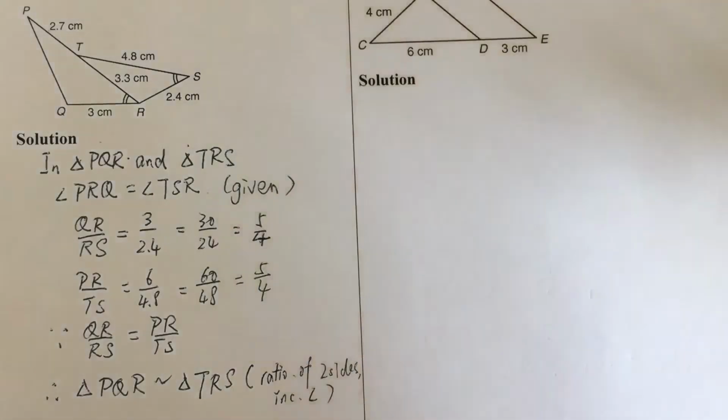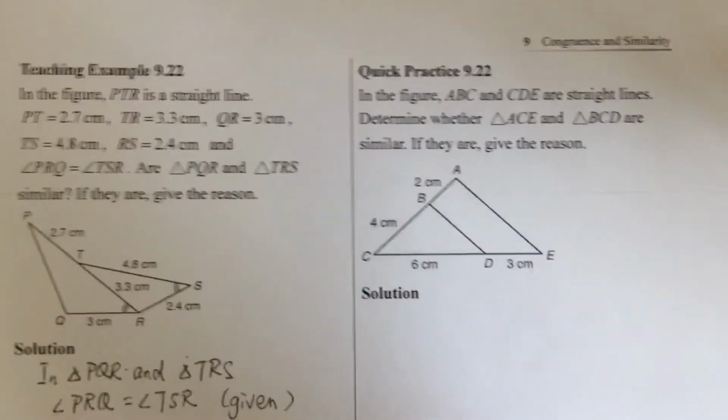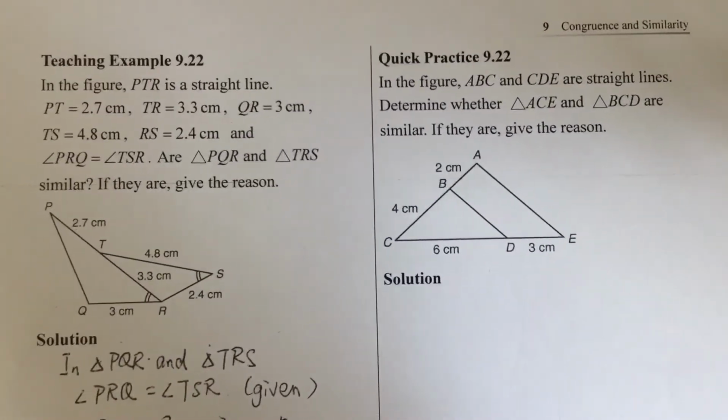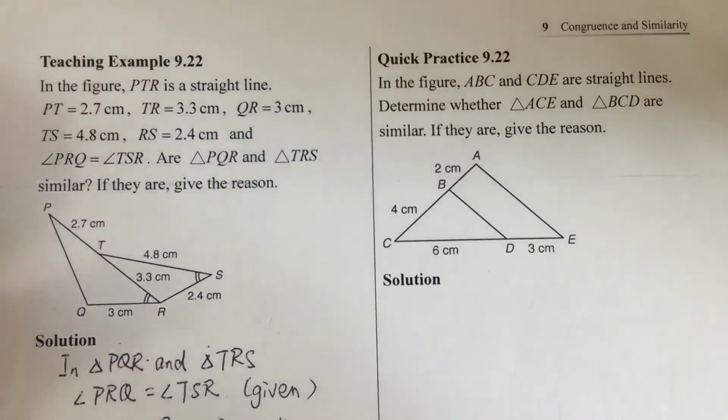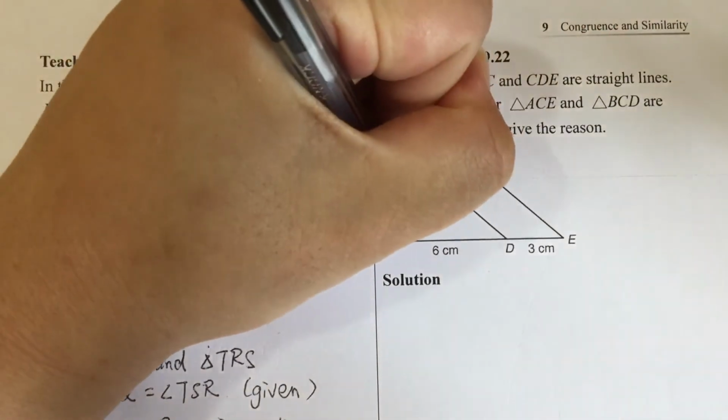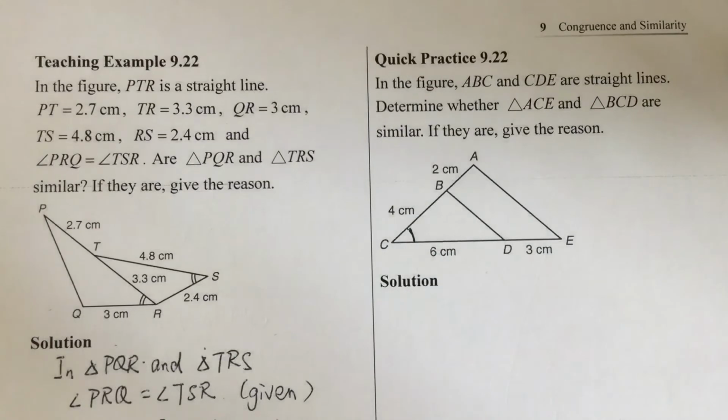And then we will go to the last quick practice 9.22. Okay, this is quick practice 9.22. And now we will see we have two lengths here, and the only included angle is this one. Both of them overlap in one angle. So that is common angle. So this is the tip of this question. This one is common angle. So please do it in 1 minute.